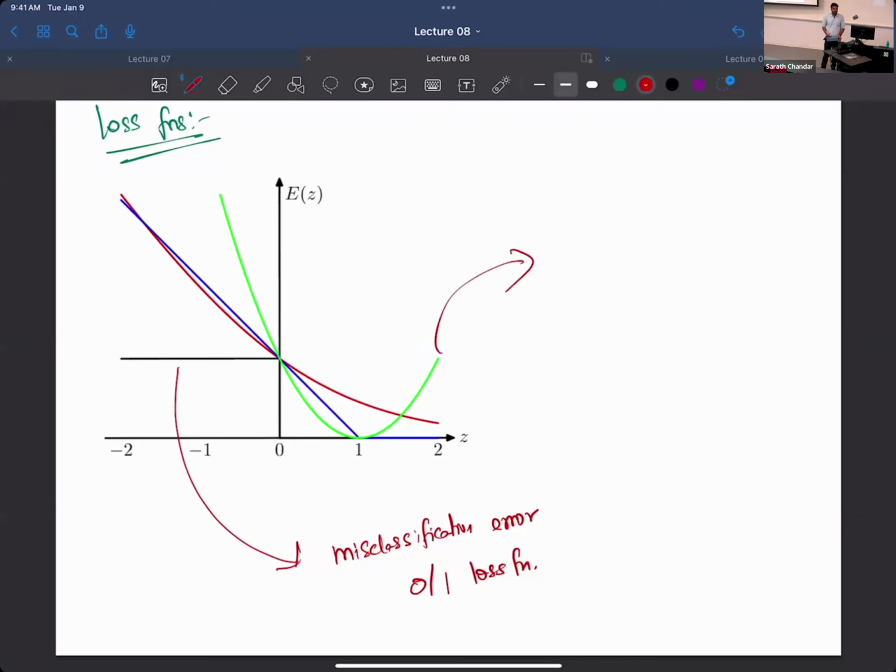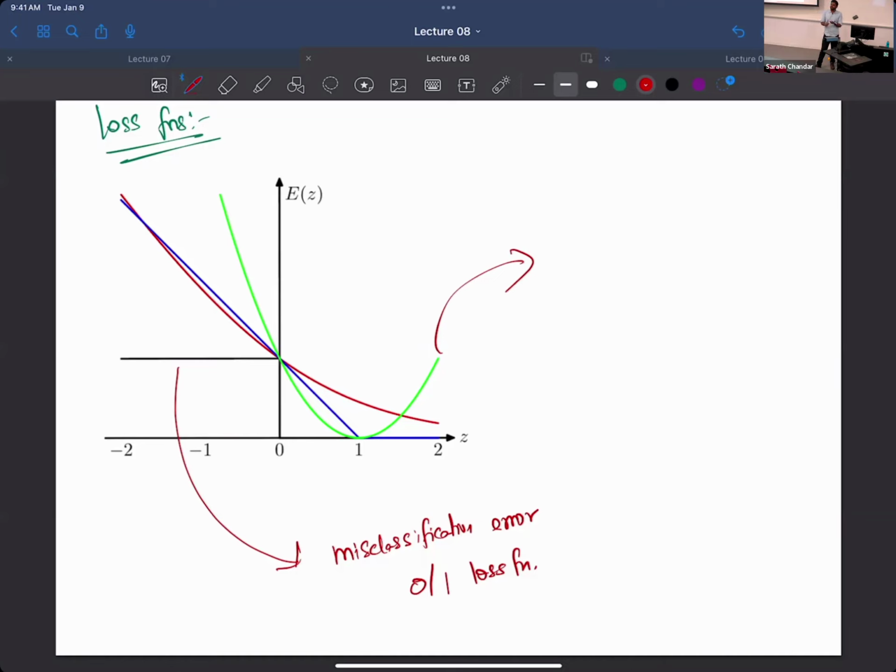What kind of loss function is this? Yeah, it's a square error.